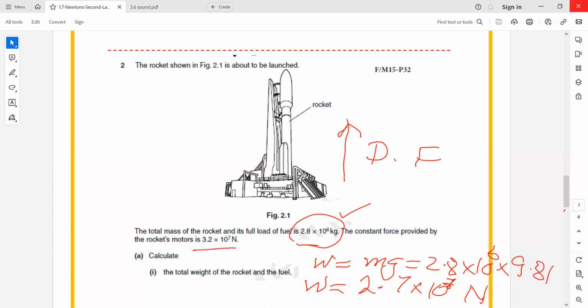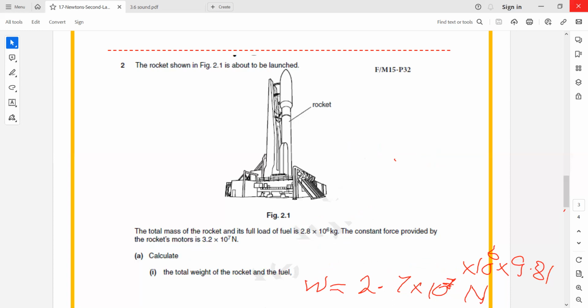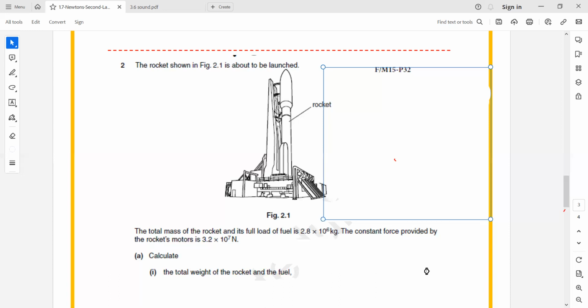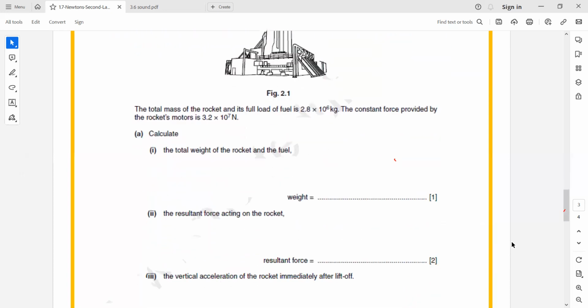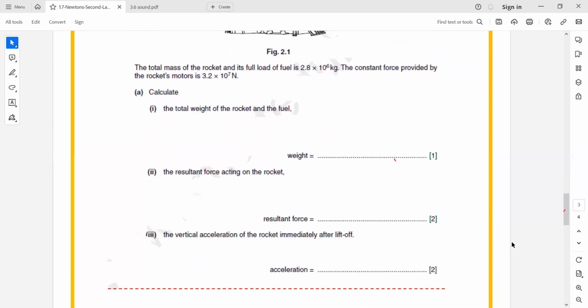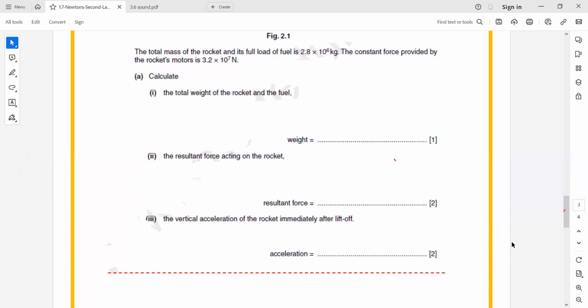Now we are seeing the next part. In this part you can see the total weight, you have found it, and now the resultant force.